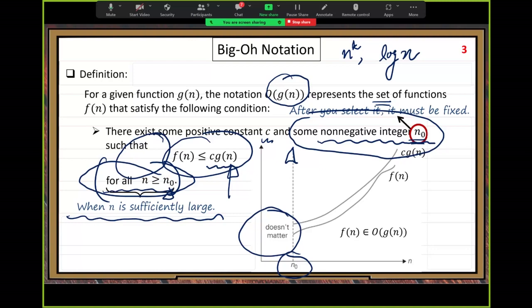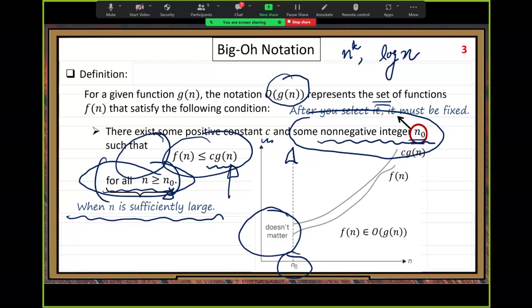So now you know the importance of this line. Only for n values past this dashed line does the comparison matter. Before this line, the f function not being bounded by c multiple of g function is not important. That's the special property of this definition.